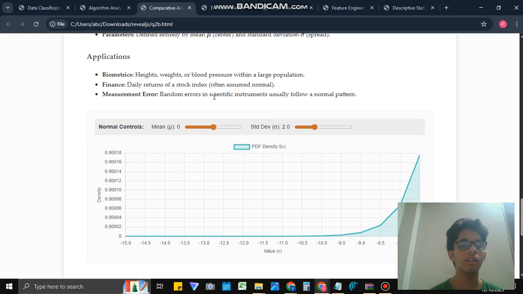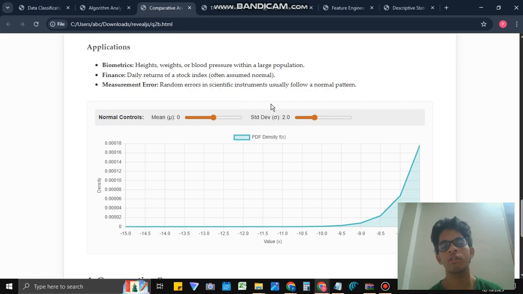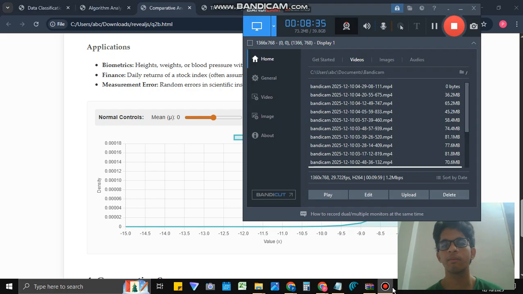The applications of this are biometrics. We use this in height, weight, blood pressure. In finance, daily returns of stocks are often assumed normal, though they are not. Measurement error, random errors in scientific instruments usually follow a normal pattern.